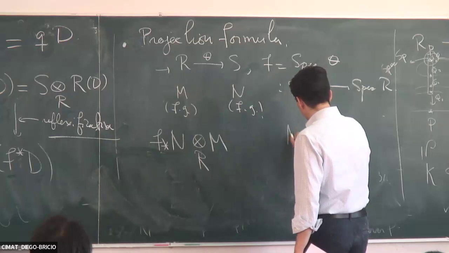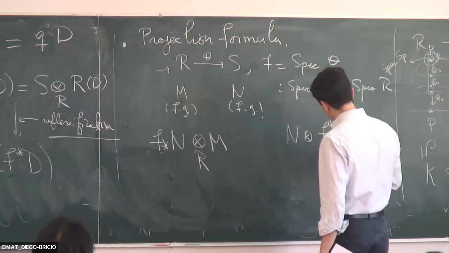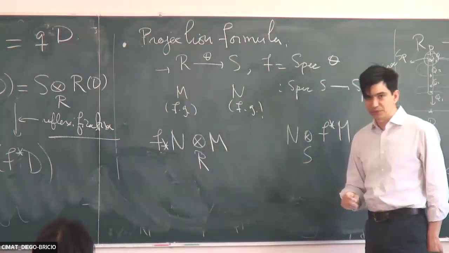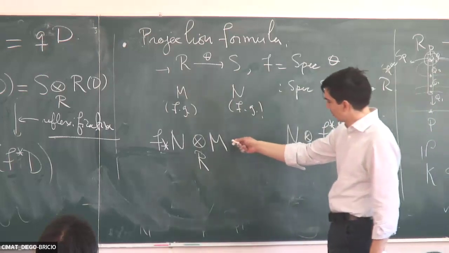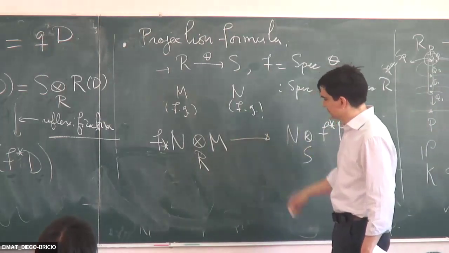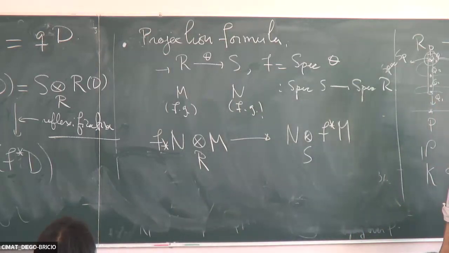That's a perfectly reasonable thing to do. But on the other hand, you can pull back M, and then you can look at the tensor product over S. There is a canonical map from here to here, from the universal property of tensor products.